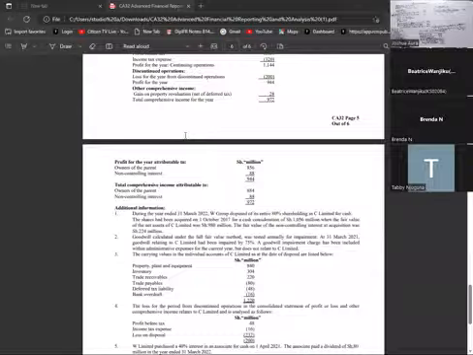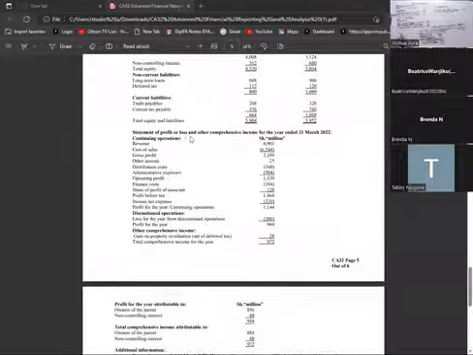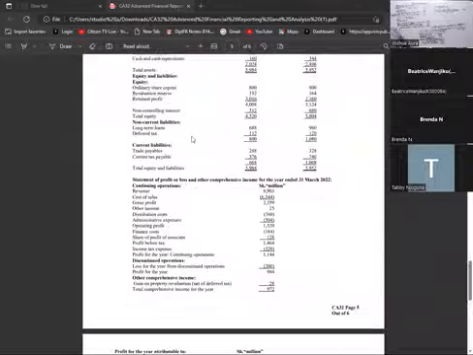If you look at non-controlling interest, we have here 680. So NCI at the beginning, we have 680.